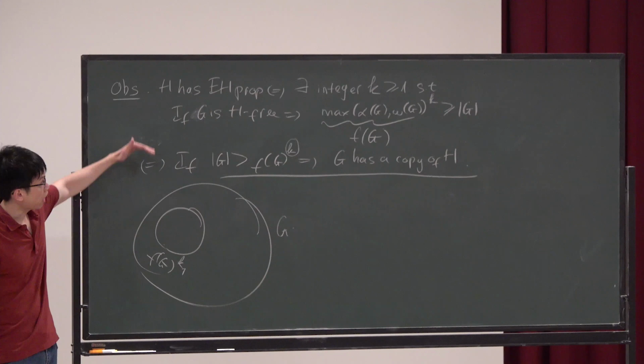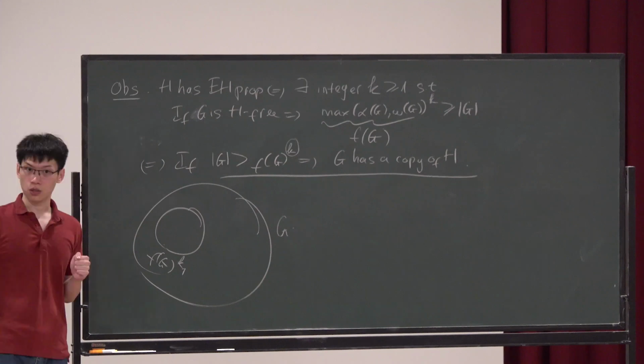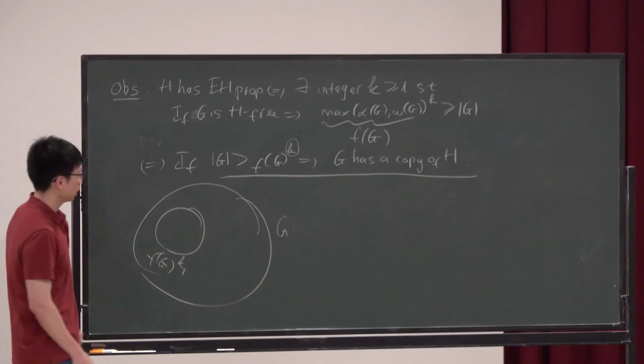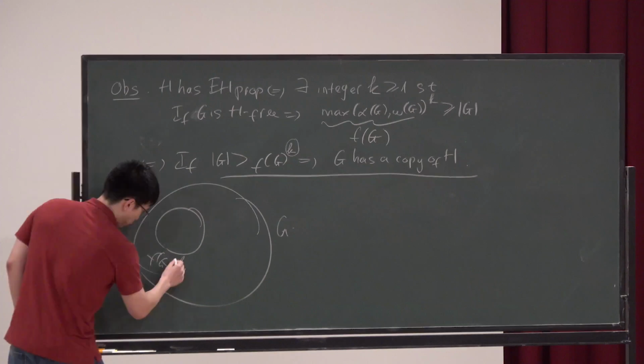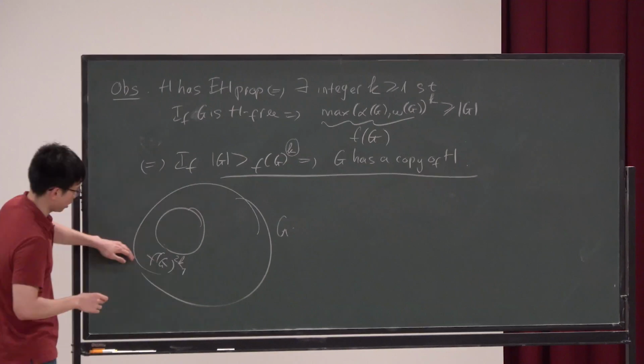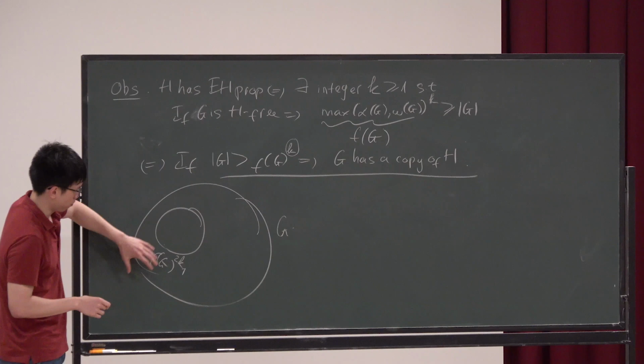Maybe 2K1, so that this number is bigger than f(G) to the K1.